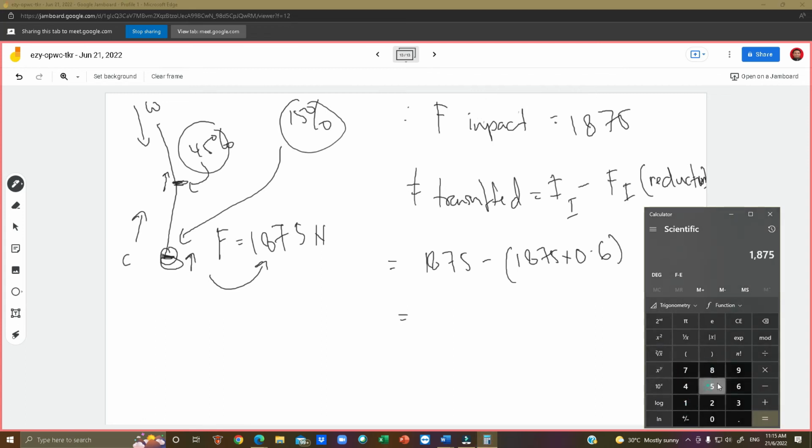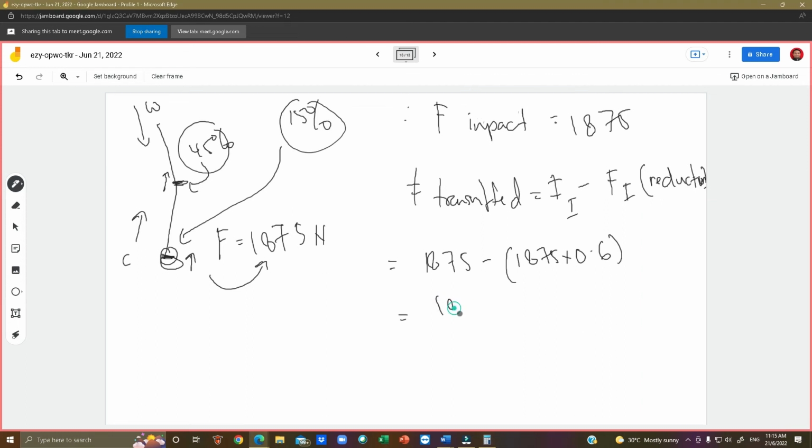So 1875 kali dengan 0.6, 1125. 1875 tolak 1125. These are the reduction. Okay, these are the reduction that occurs. So the total, the balance will be 750 Newton. Dapat?